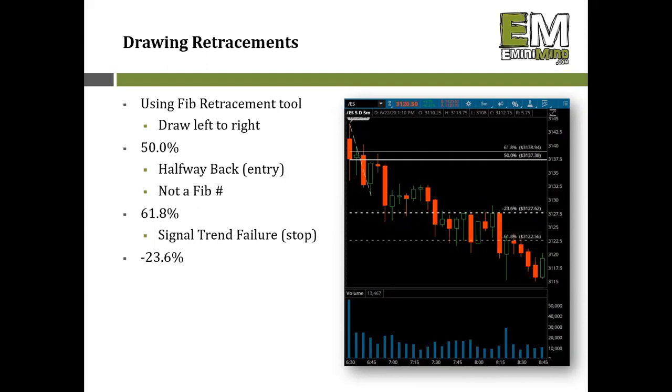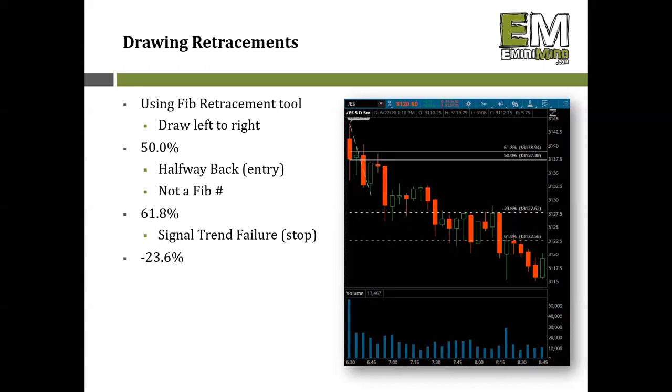And then the other one I have there is the minus 61.8. So that's roughly 60% beyond, in this case, lows. And that's kind of an extended target, a little bit further out, to where if we really get moving, that's a good spot to look for a short-term bounce.